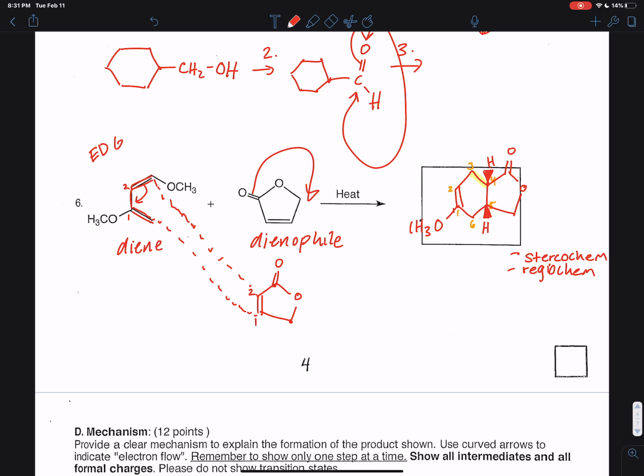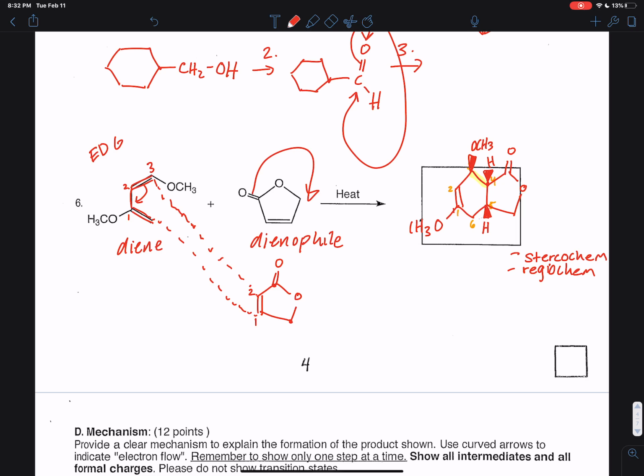So we still have to consider the number 3, which is that carbon right there, with the OCH3 coming off. So where are we going to put that in the space? Up or down? Wedge or dash? Wedge. Why did you guys say wedge? So it's going in towards the space of the diene. Whenever it's going in towards that pocket, you have to imagine that you're putting your hand right there and pulling it upwards, okay?